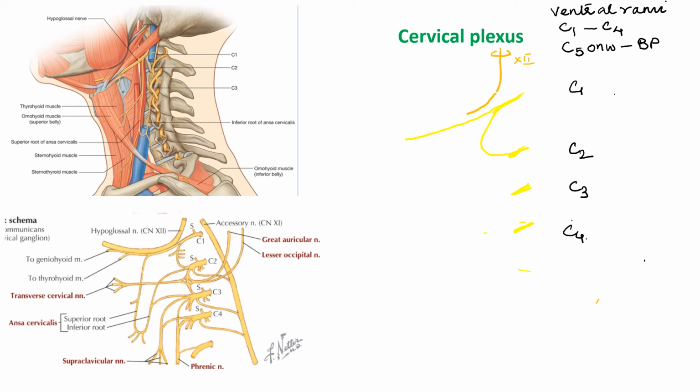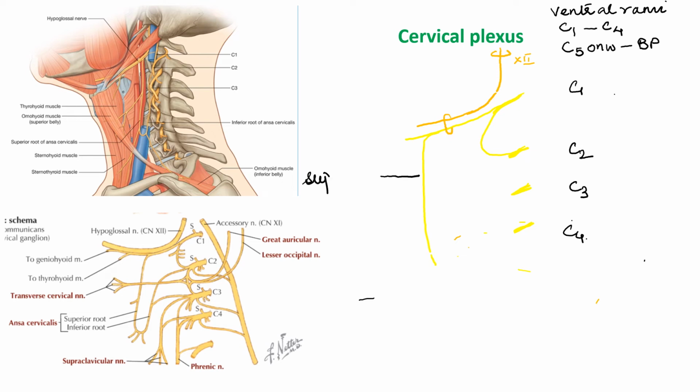The C1 fibers hitchhike with the hypoglossal nerve for some time, and then some of the fibers exit out as the superior root of the ansa cervicalis.